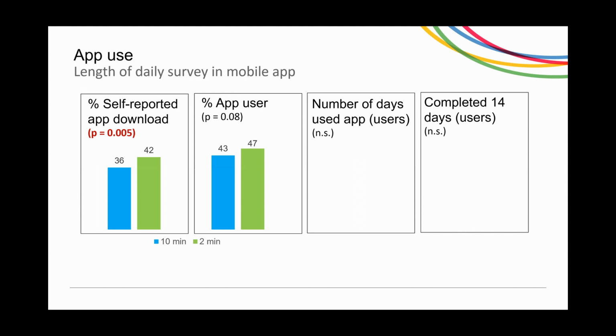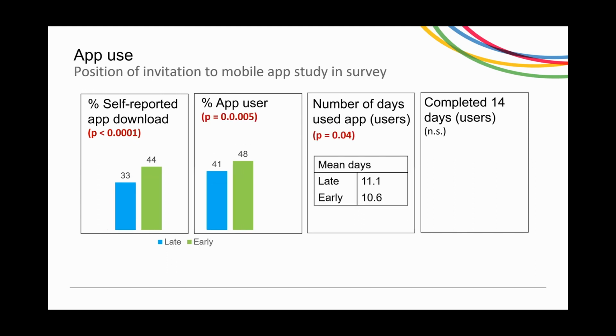It's not the case. So then the last experiment was where in the annual interview we invited people to the app study. And here the green bar, we see that when we invited them early on, 44% said they downloaded the app, compared to 33% of those who we invited late, so at the end of the annual interview. And that also carries forward. So when we look at the actual app data, we still see that difference.